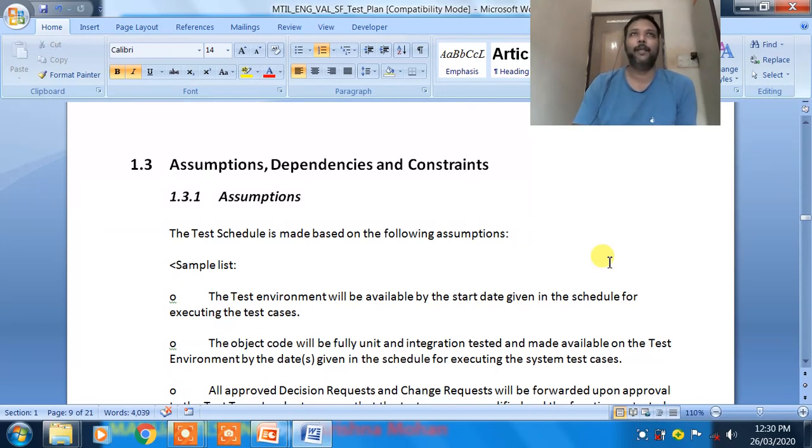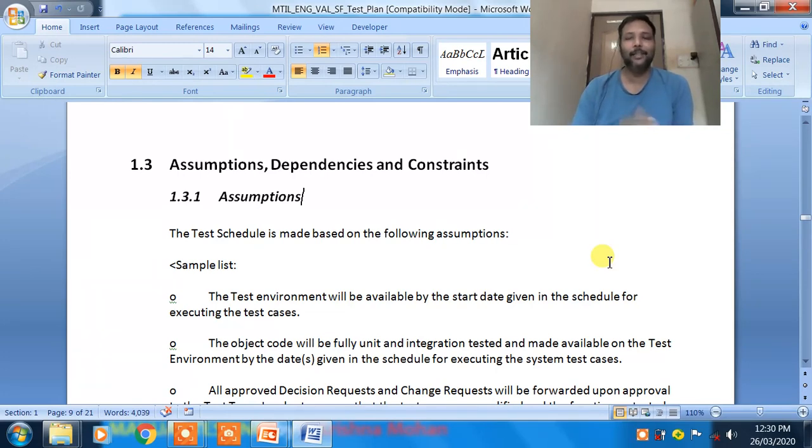Sometimes, suppose one module is tested by some other department, another company, a third party company, and our module is linked with that module. Then only if that module is tested can you go for this module. Suppose registration is done, then only can we log in and test it.